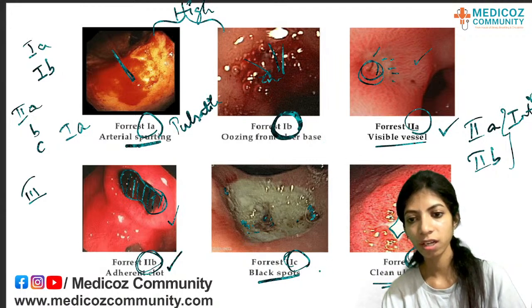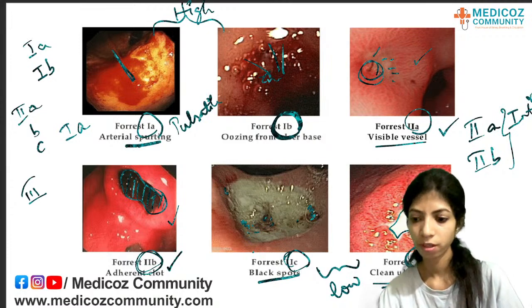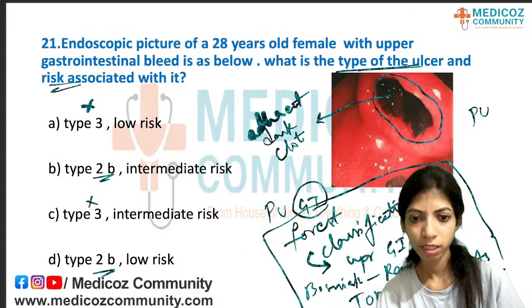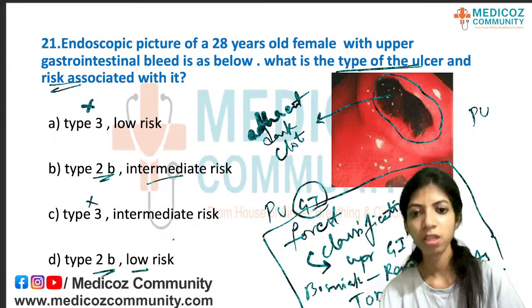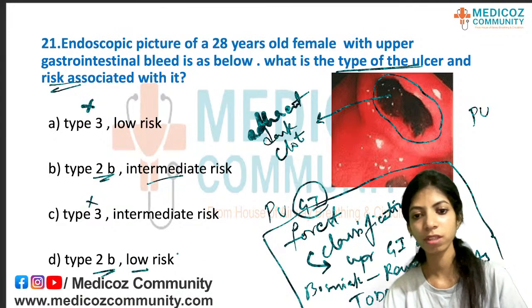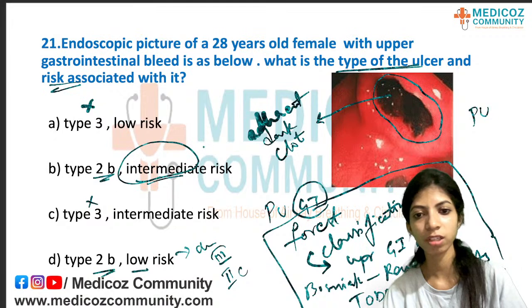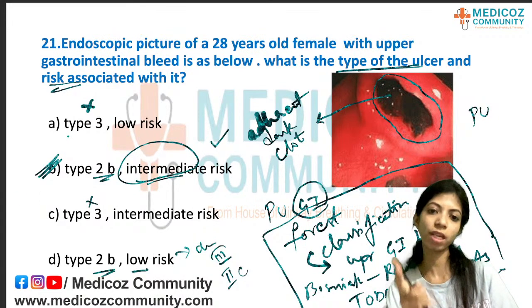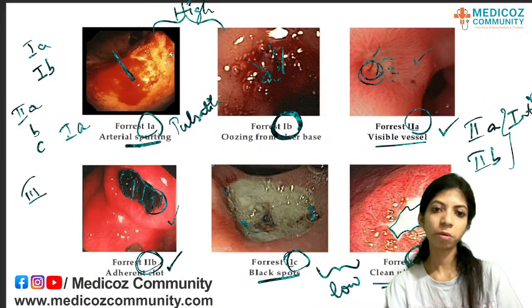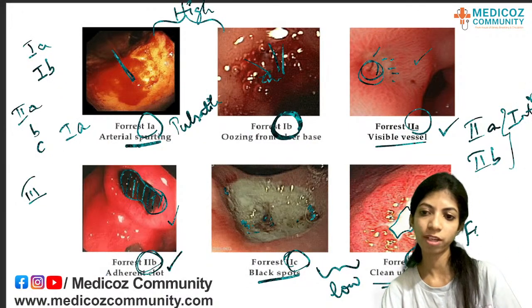And 2C and 3 have low chances of bleeding because there's no ooze, no clot, nothing. So what did he ask? What are the options left? Type 2B intermediate risk and type 2B low risk. What is our answer? Low risk is for a clean base ulcer, which is class 3, and for just black dots, which is 2C. Our adherent clot comes under intermediate risk. So our answer is option B, which is type 2B and intermediate risk. Again, remember the name of the classification, which is Forrest classification.